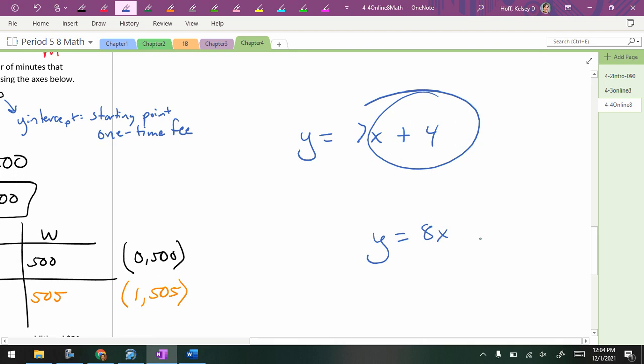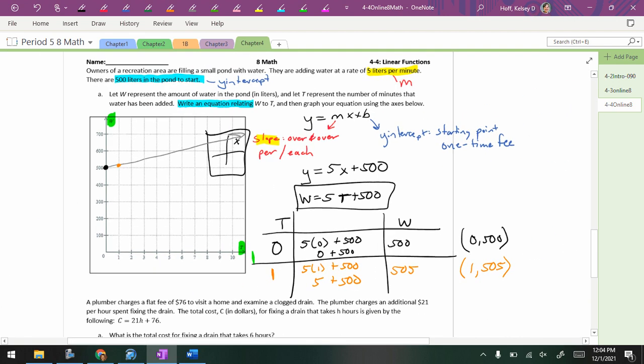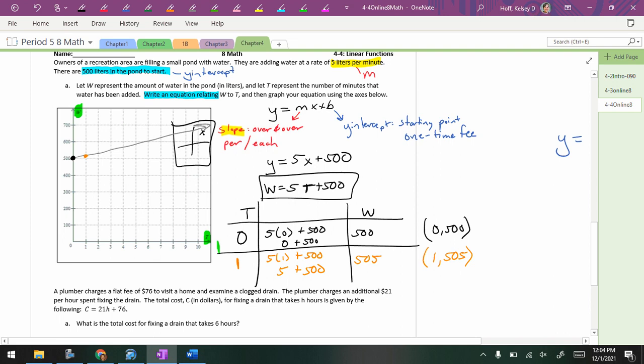You could have this equation here, y equals 8x. What is my y-intercept? Technically it is 0, yes? So just like in those equations, sometimes your starting point is 0, 0. Don't make up a starting point just to have plus 7 or plus 5 on the end. It's got to tell you something up here about where you start. It's going to give you something with the word per or each, and it's going to tell you about where to start. If it doesn't tell you where to start, guess where you start?